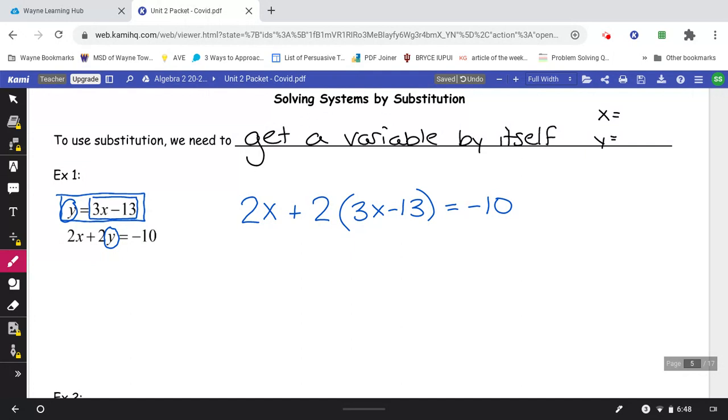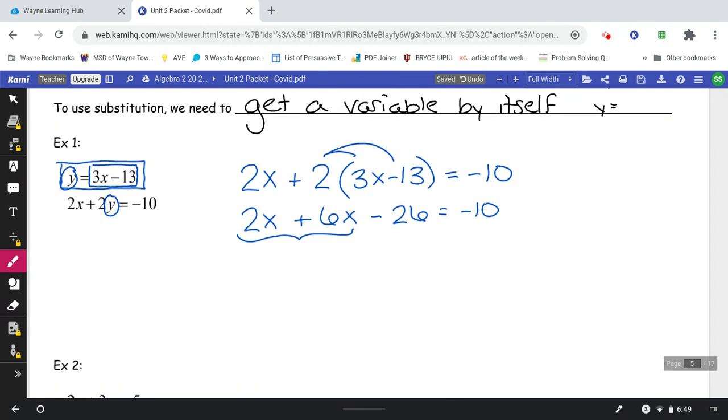Now, once you get to this first step, you should only have x's. Or if you're substituting in the other direction, you should only have y's, but you should not have x's and y's anymore. All right, so then I'm going to distribute. I'll combine my like terms. 2x and 6x are on the same side. 8x.